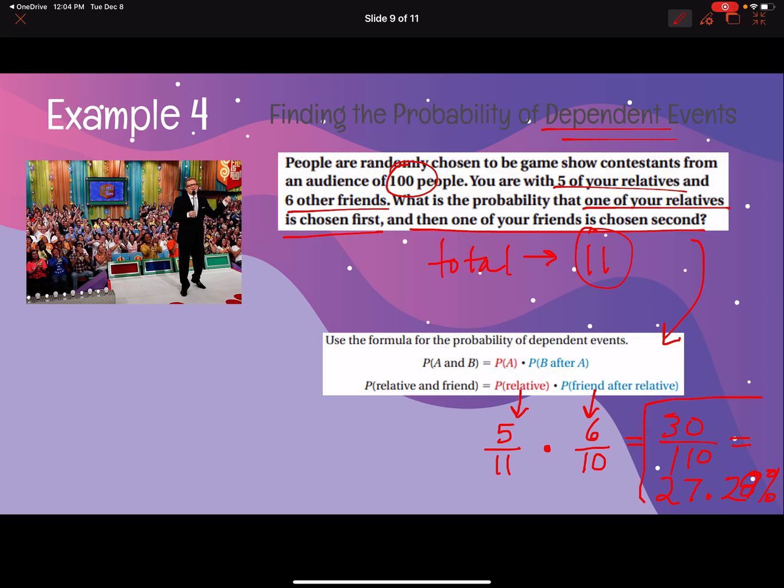So 30 out of 110 total outcomes, or 27.28% if I wanted to round that. I could convert that also to a mixed number if I needed to. So finding the probability of a dependent event, notice how the second one changed based on taking out one of those people for the first contestant.